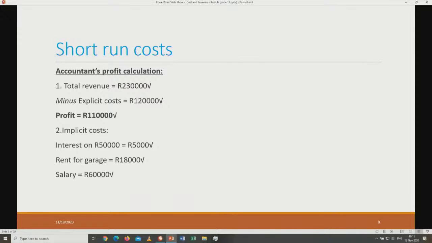When we add all this together, we'll arrive at an amount of 83,000 rand. So this is the total of our implicit cost.